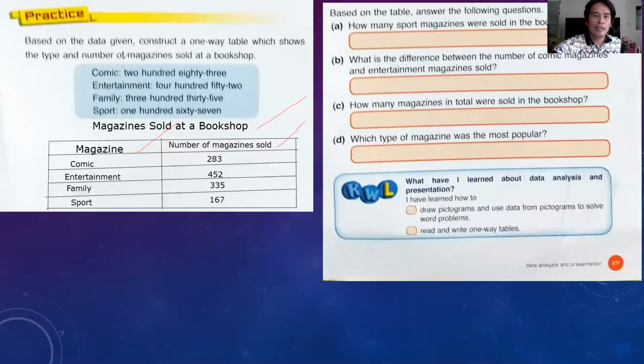And then you're going to check the content of the table. So this is 1 point, 1 point, 1 point. I'm going to give you 5 points.